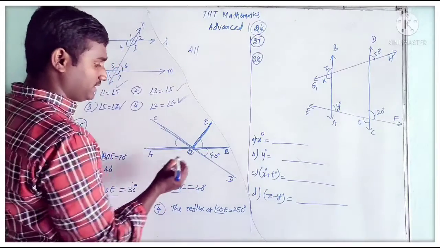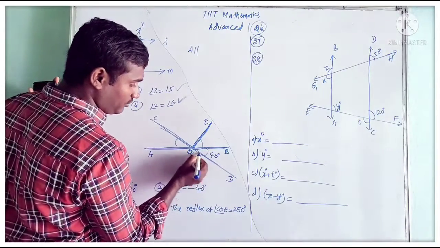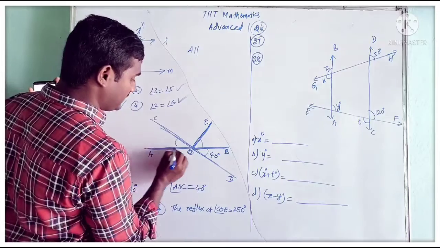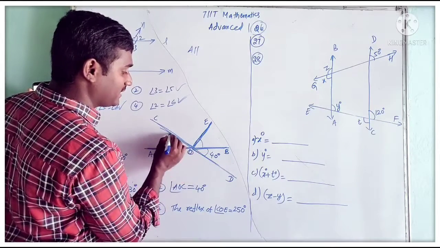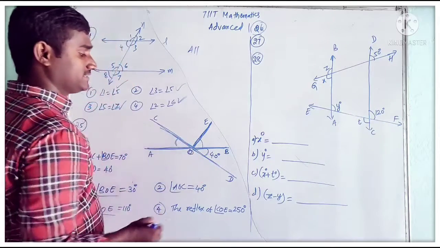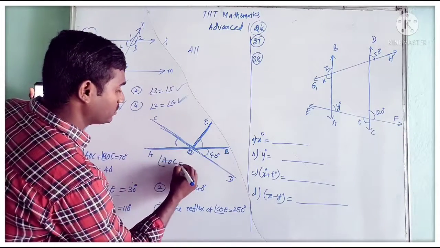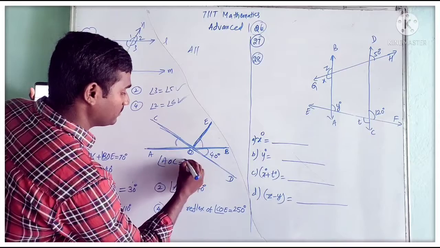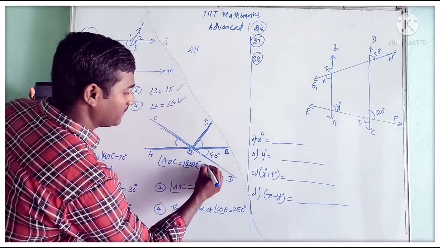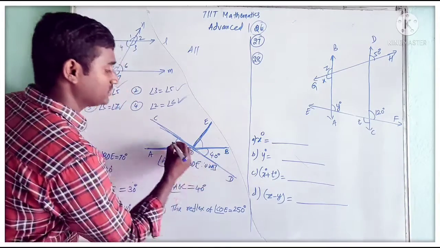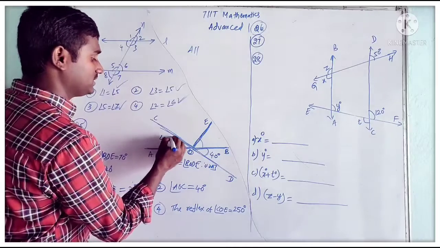From the figure we can write angle BOD equals angle AOC, because these two angles are vertically opposite angles. Vertically opposite angles are always equal, so this is 40.